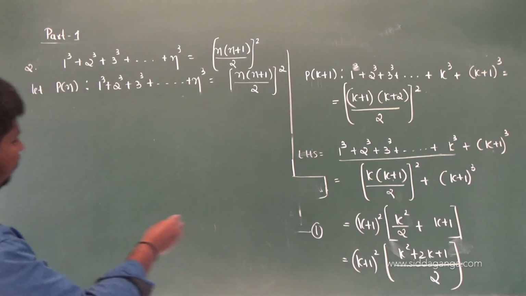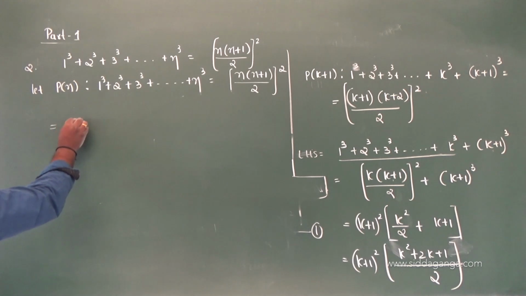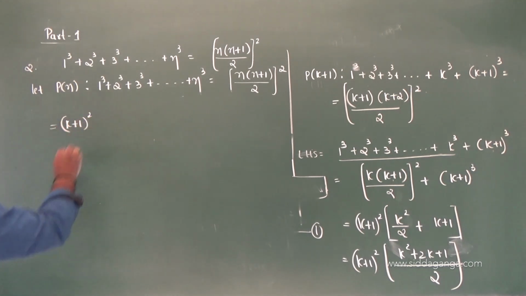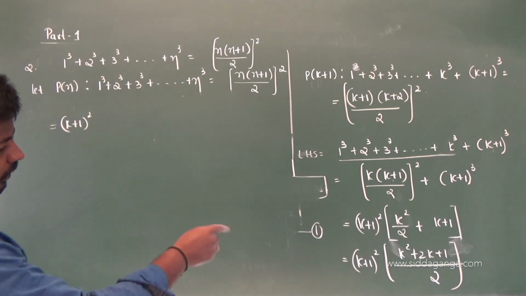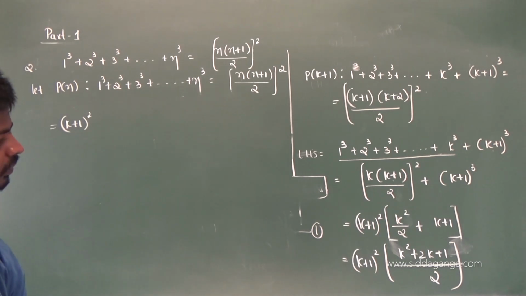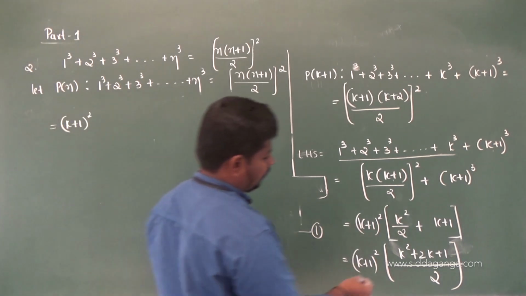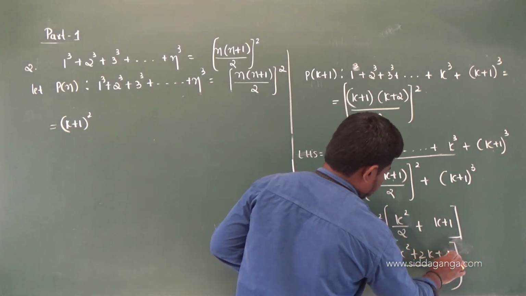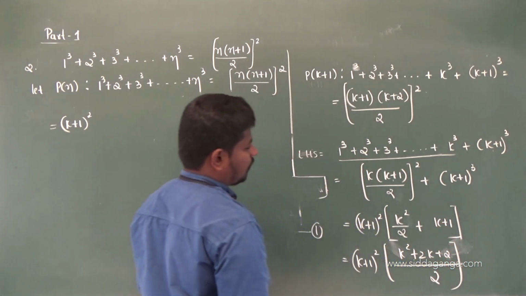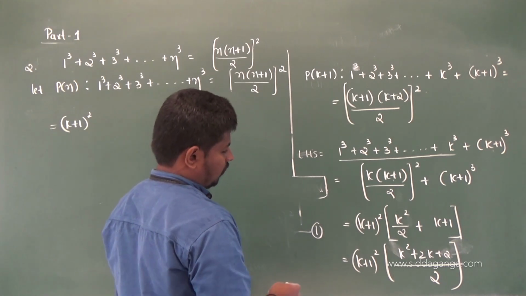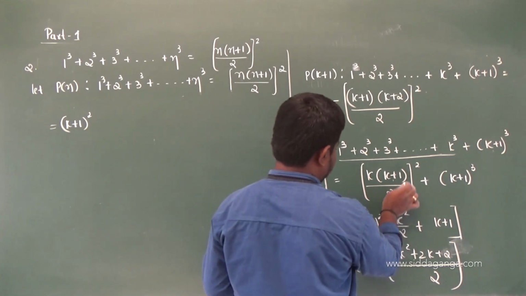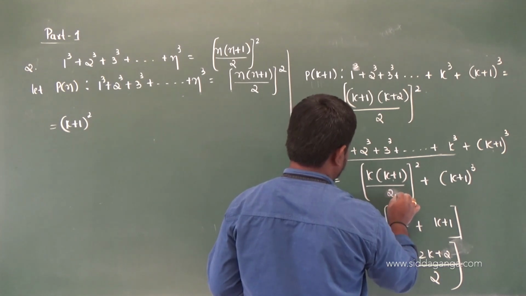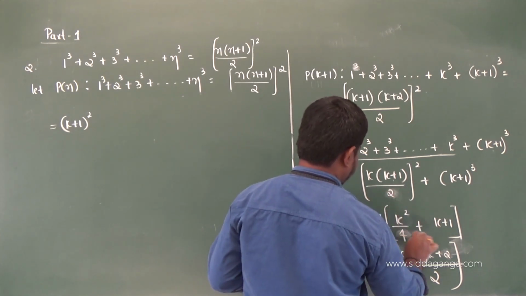So (k plus 1) whole square. Sorry, here you write 2k plus 2, no, sorry, this is 2k plus 2. Here I have taken 2 square, this is actually 4, right?